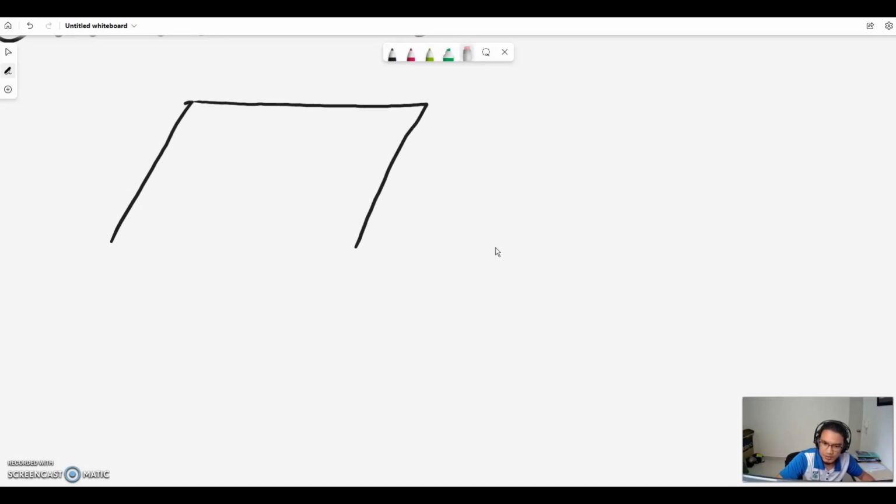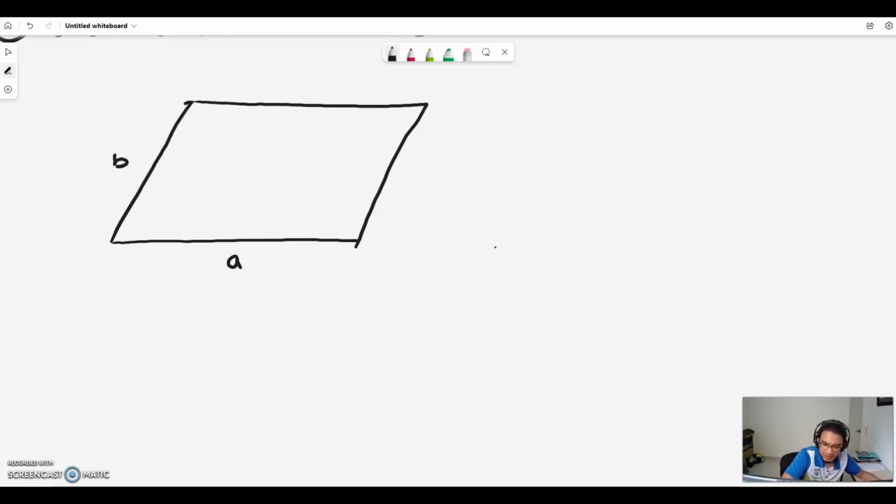This is our parallelogram. Let's say we have the side of the parallelogram labeled as A, and right here is labeled as B.